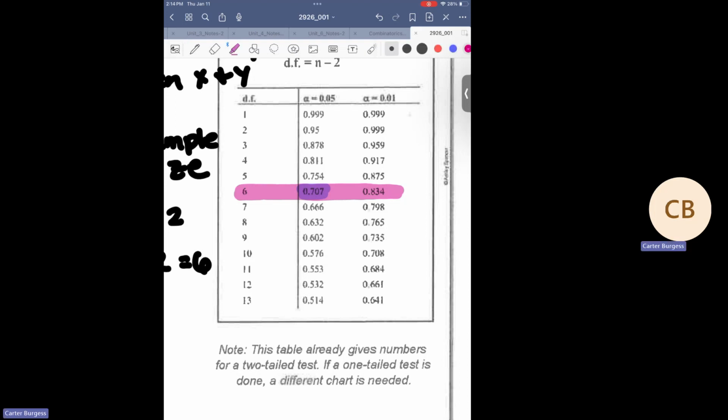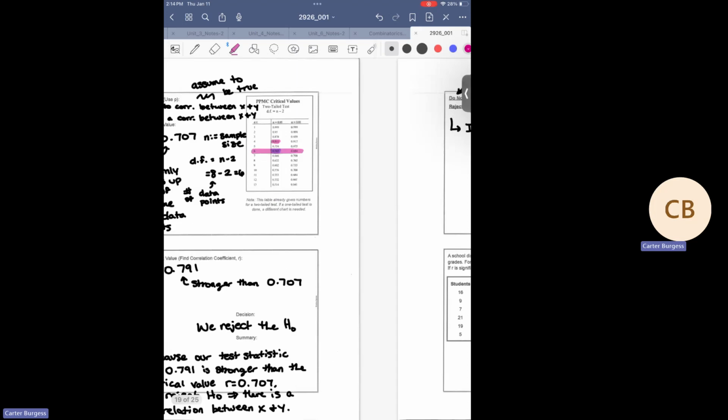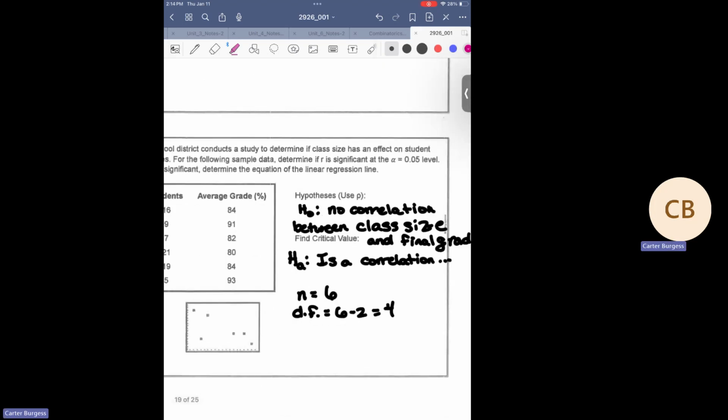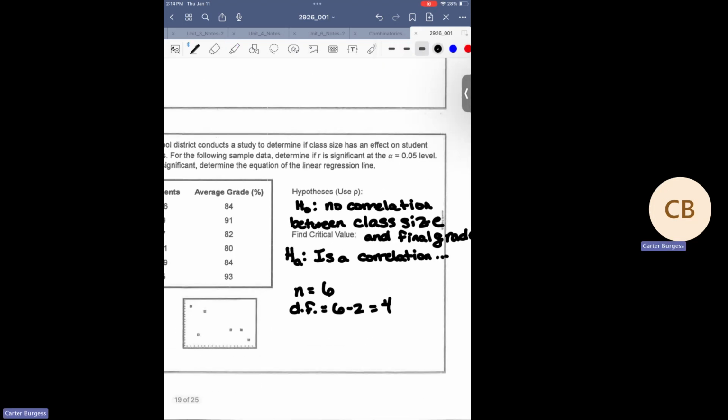That's going to be that 0.811 that we see here. So this is going to be that comparison value of R that we are going to use. That is our critical value. R should be equal to 0.811. That's the minimum strength to reject. We've got to be at least that strong, otherwise no dice.